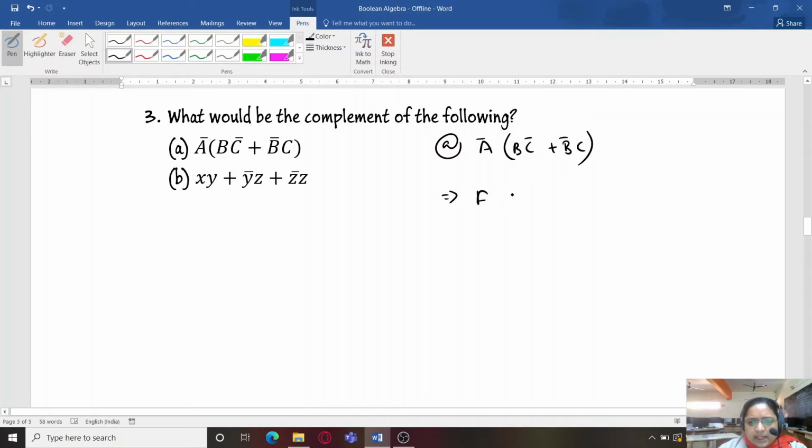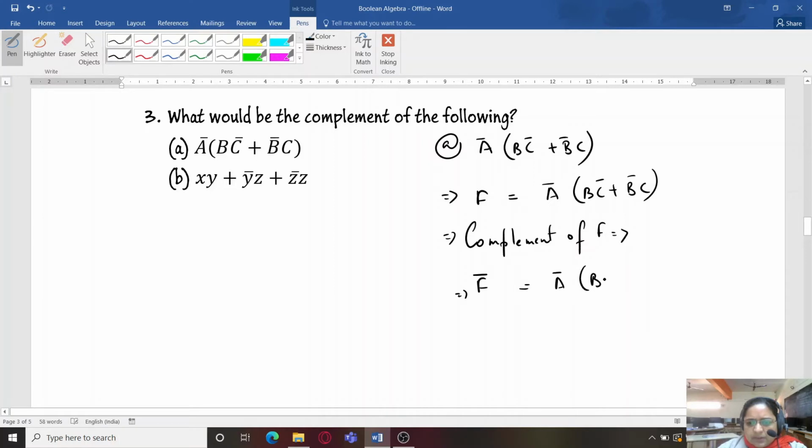I have to write it like this: F equals, because this is a function in A, B and C. Now the complement of F. We will write F complement, which means the complement of this whole expression over here. Now using De Morgan's theorem.